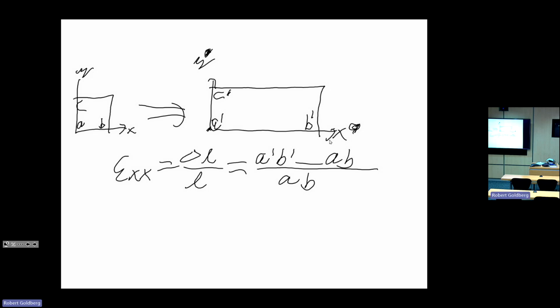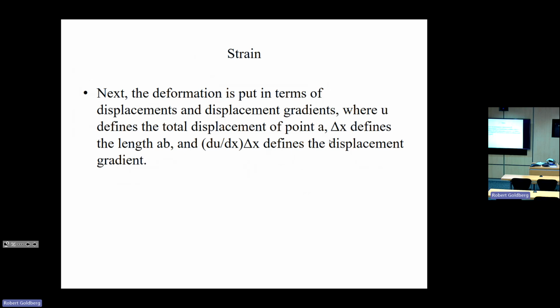So now what we can do is we can take this deformation and we can put it in terms of displacements and deformation gradients.